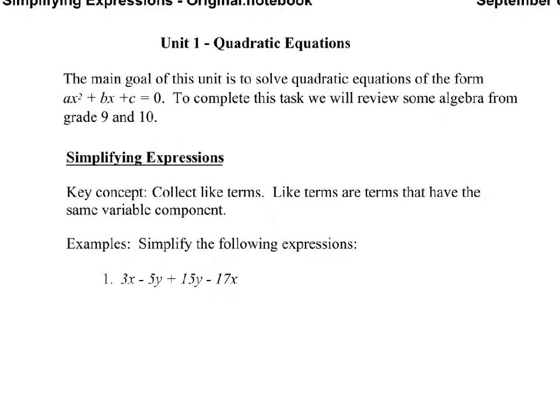Now, when we talk about terms, this is what we mean. Imagine I have something that looks like this, 3x squared. This whole thing here is called a term. The number that's sitting in front of the x squared is called the coefficient.